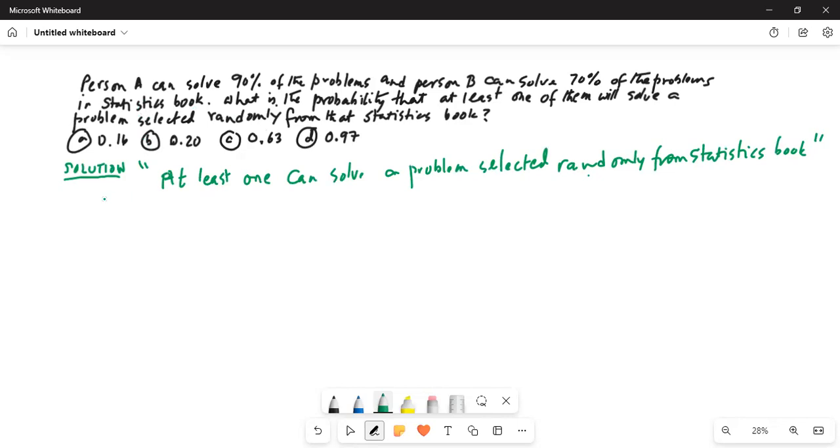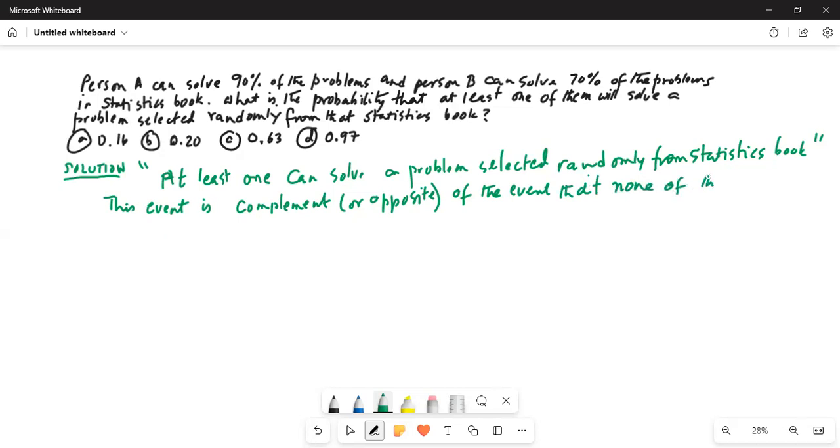This event is the complement, or opposite, of the event that none of them will be able to solve the problem selected randomly.